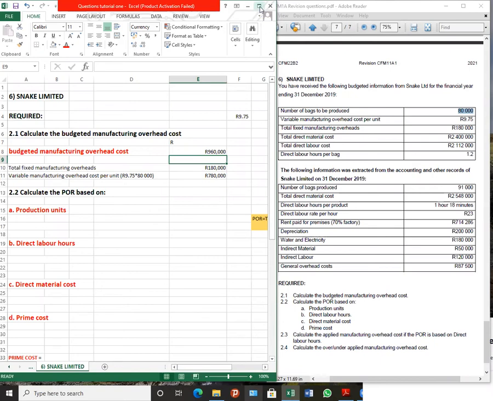Okay, guys. Number 2, calculate the POR based on the production unit, direct labor hours. Before we start with our calculation, anyone who wants to give me the formula to calculate the POR?